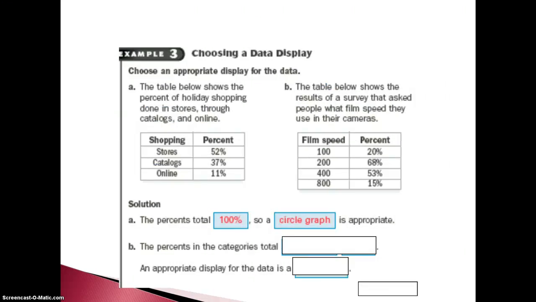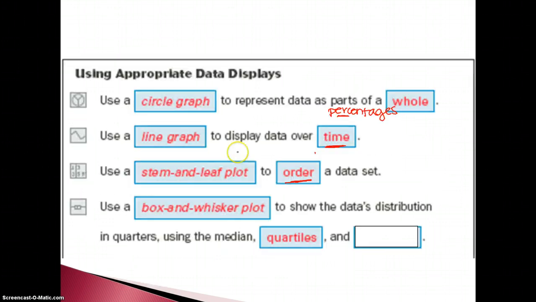I would say a circle graph is appropriate, especially because it totals 100%. That's important to know about a circle graph. If it totals 100%, and maybe you want to write that back here, when we did circle graphs, these would be parts of a whole, so it totals 100%. Write that down, that's important to know.